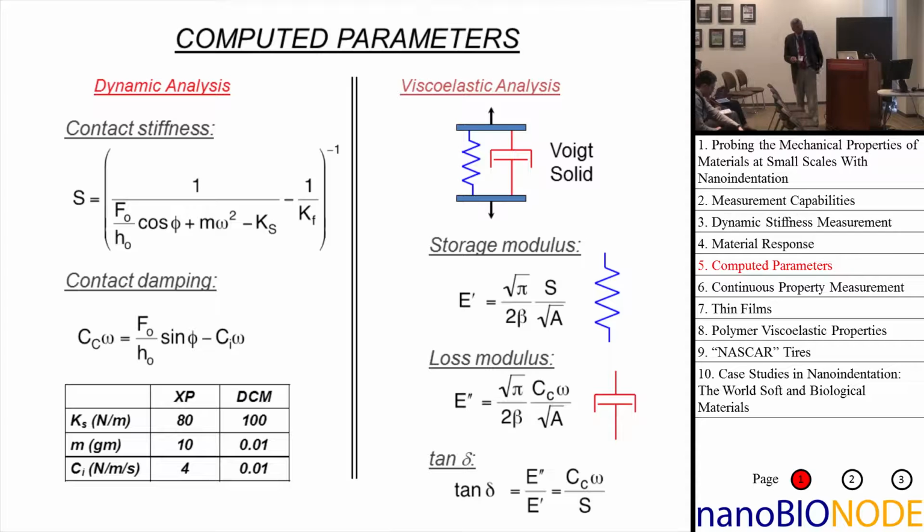You can measure the loss modulus by taking the contact damping, C sub C times omega, and converting that via these parameters into the loss modulus for the material. The other thing frequently done is to look at the tangent of the phase shift, which is the ratio of the loss modulus to the storage modulus, or C sub C omega divided by S.